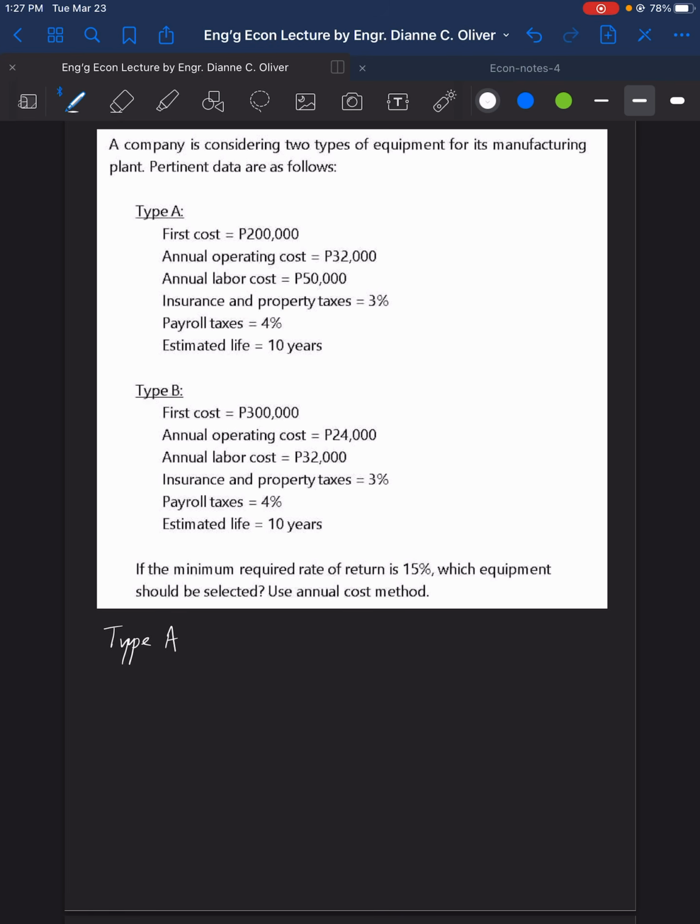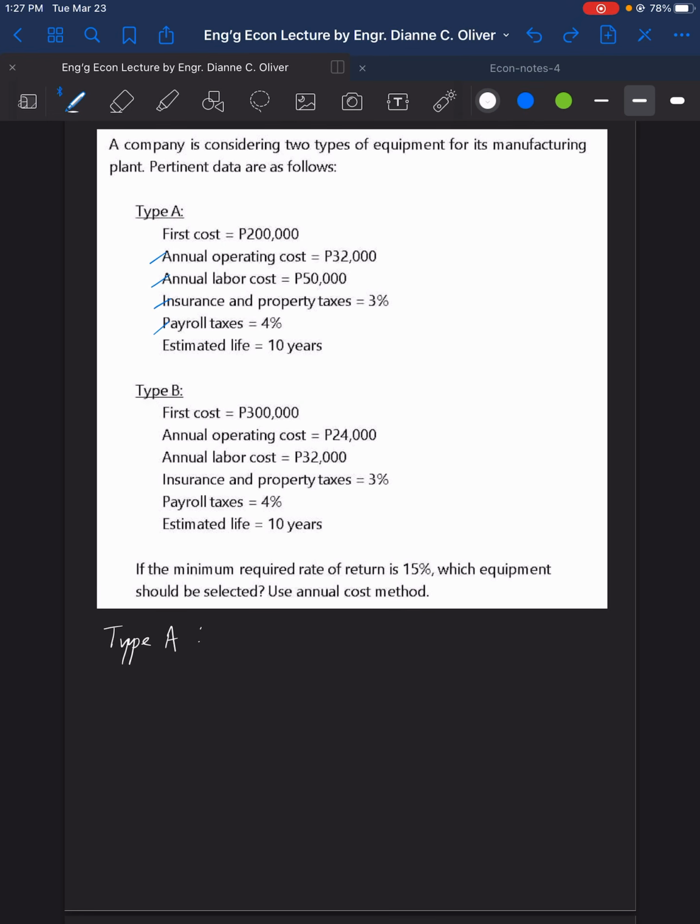So for type A, for annual cost, we need to convert. There's no problem with this one, it's already in annual cost. What's needed is to convert the first cost into annual.